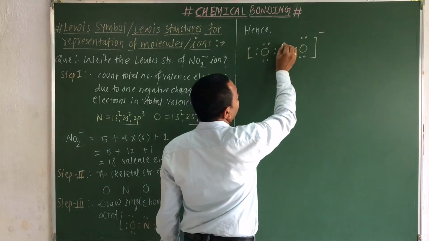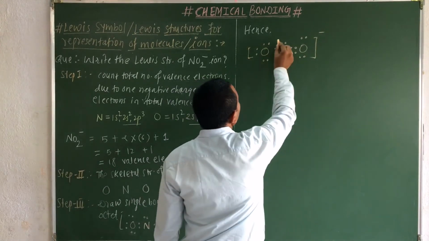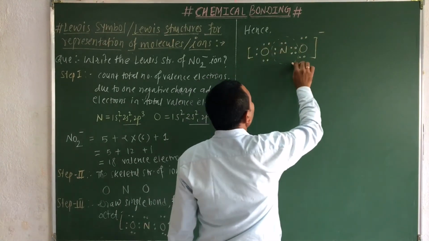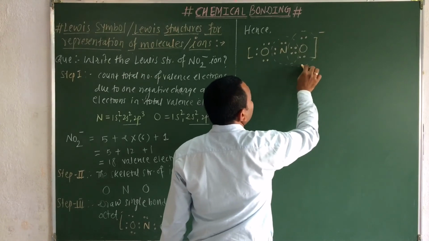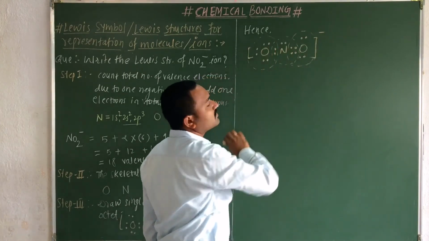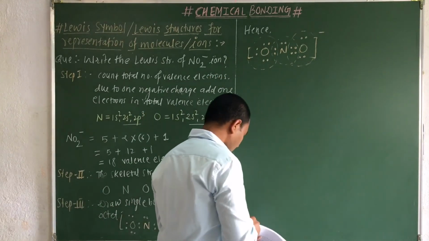Nitrogen will have its lone pair. Now you can calculate that this nitrogen completes its octet, this oxygen atom also completes its octet, and this oxygen atom also completes its octet. So there will be the formation of the NO2 minus ion.